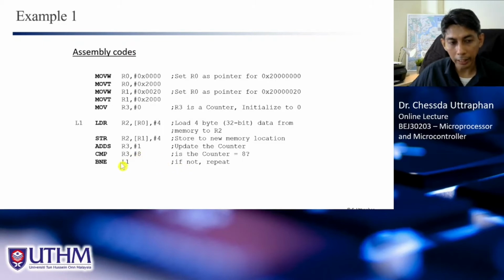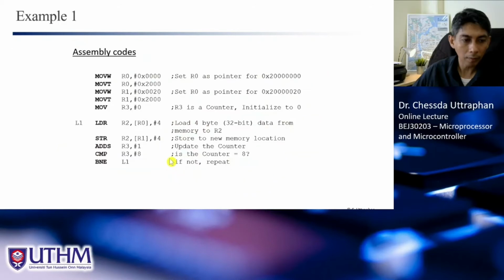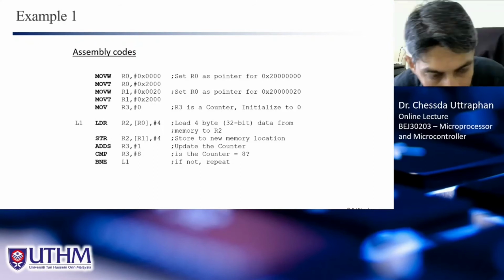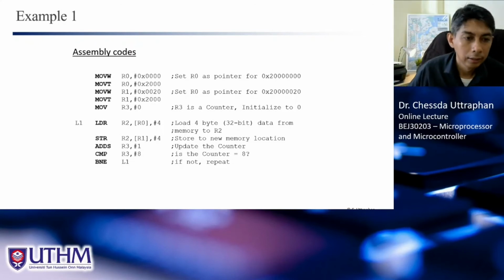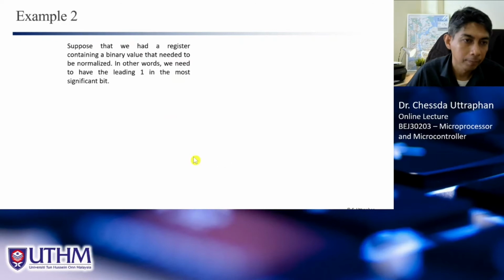If not equal to 8 yet, right? So you can go back to the loop and do this again until here, and we exit the loop here and done, right? So that is how we move blocks of memory content to the new location, new blocks of memory.